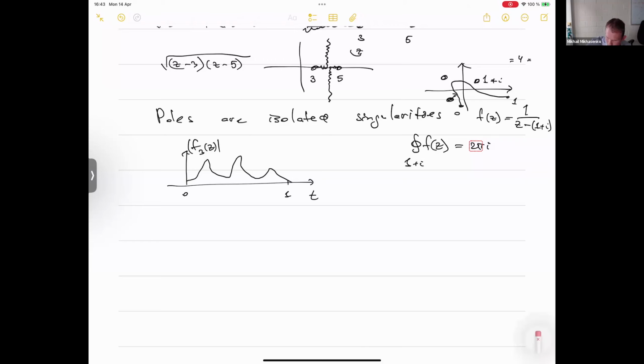One analogy I have in mind is that these points, the poles in the complex plane, are sort of sources of a signal, and depending on how close you are to the source, you experience its influence.